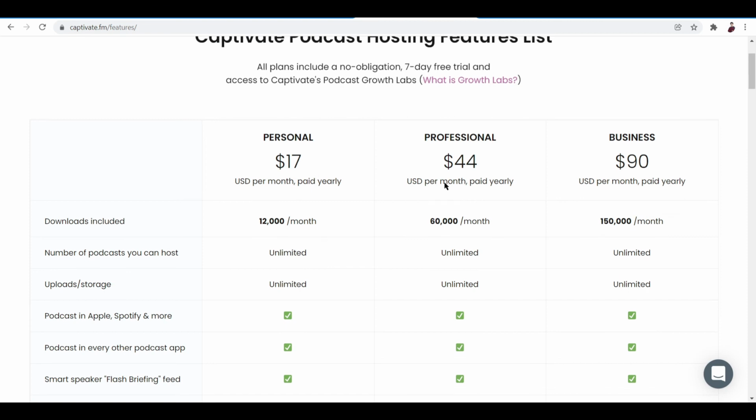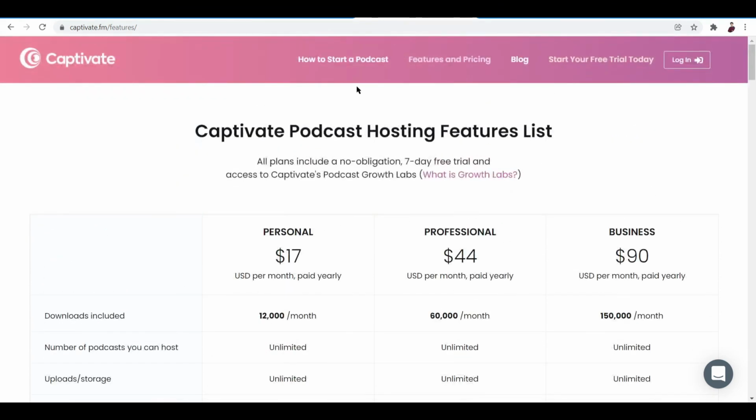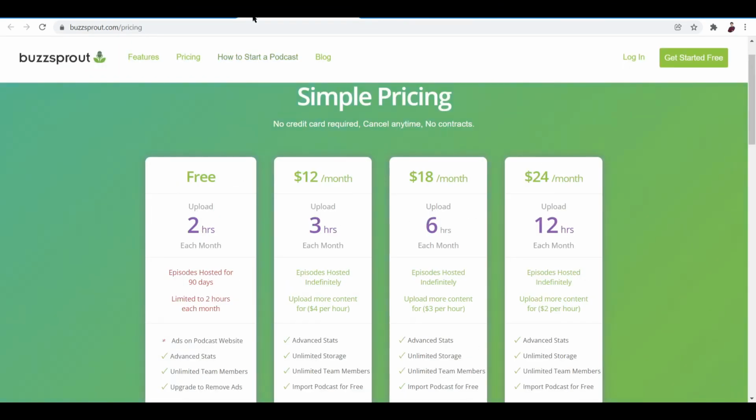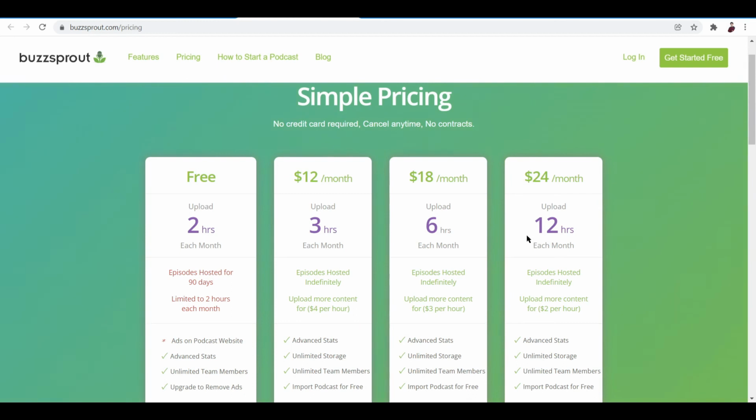So they're focusing on income, not on the hours of podcast that you can put out there. Why? Because this is a hosting platform, while this is a third party platform where you record and post your podcast and then release it to different websites out there. That's why they focus on the hours.